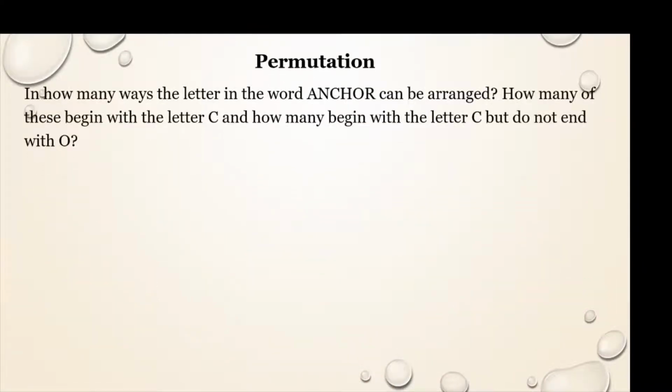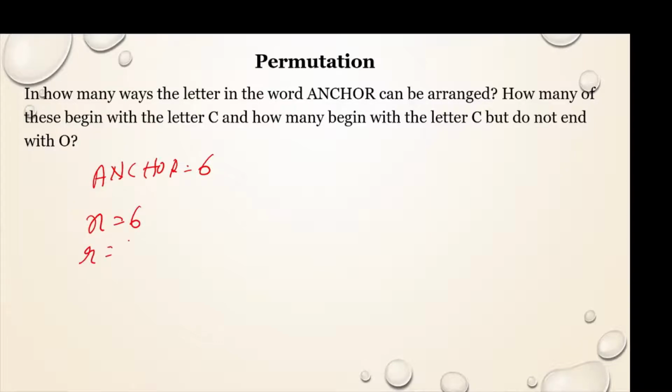Let us understand this with some more examples. In how many ways can the letters in the word ANCHOR be arranged? ANCHOR is a 6-letter word. Here n equals 6 and we have to take all letters.